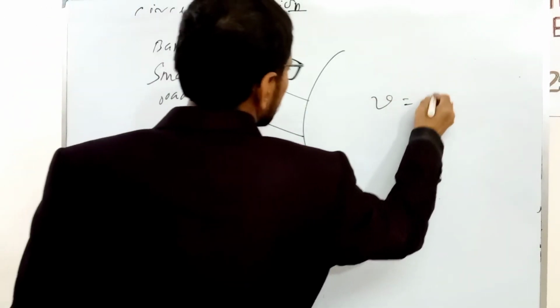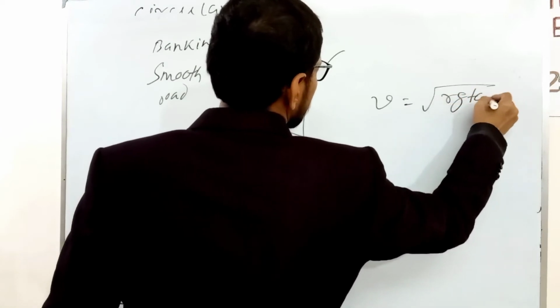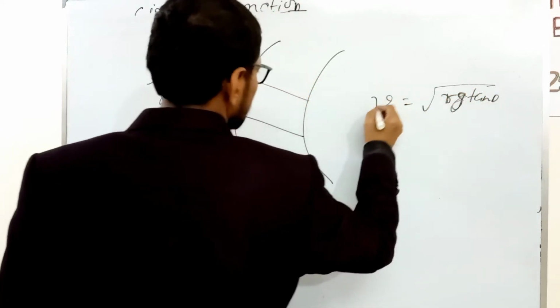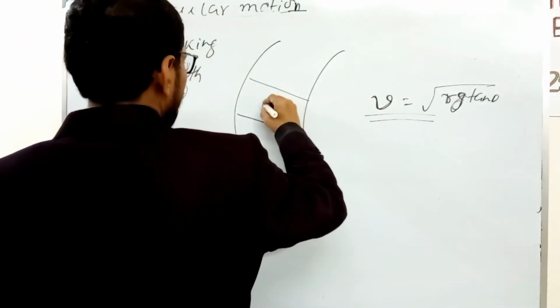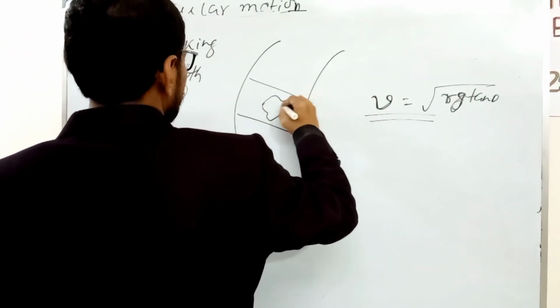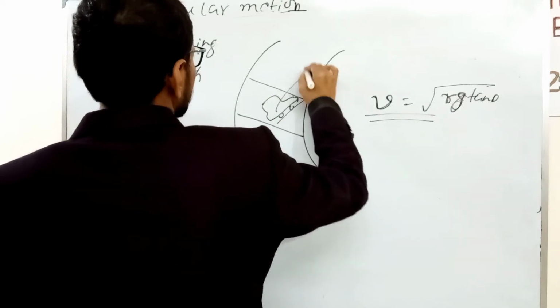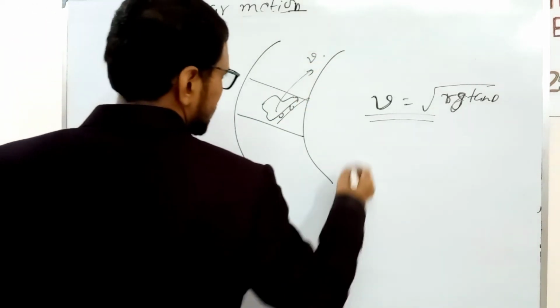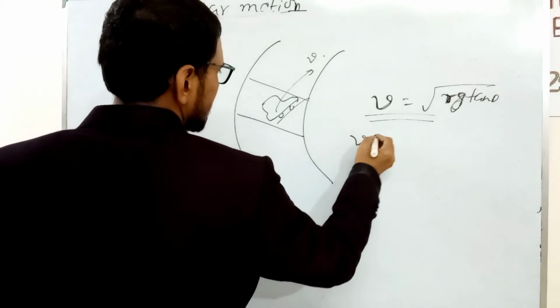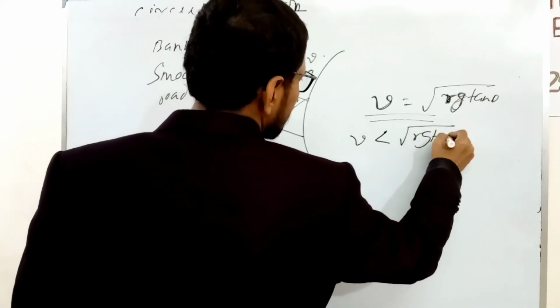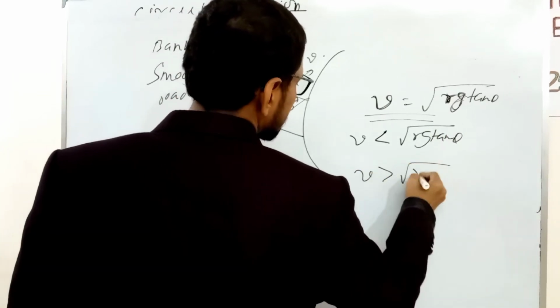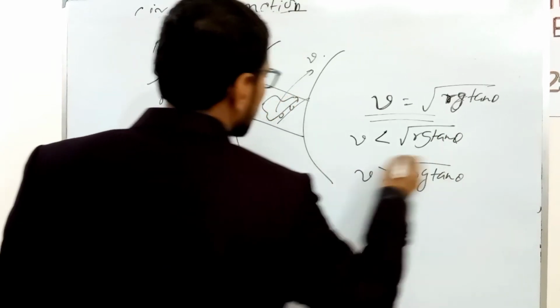V equal to, we get root over rg tan theta. Now for this velocity the car can take turns. Now if velocity is less than that velocity, if v is less than root over rg tan theta, and if v greater than root over rg tan theta, what happens?